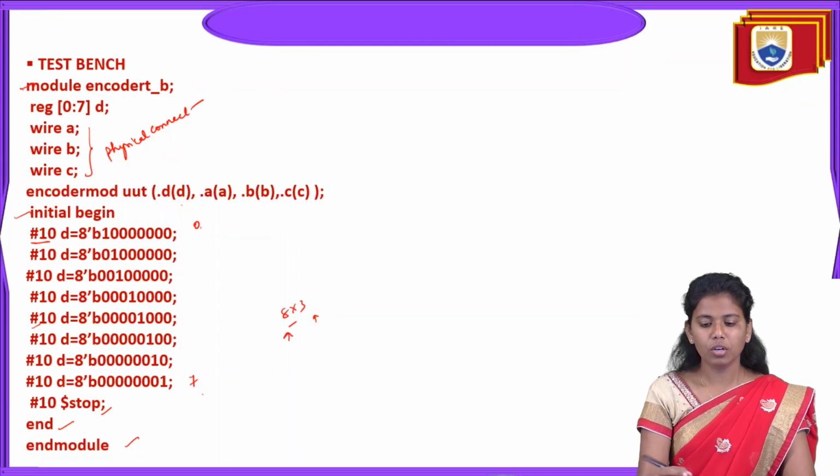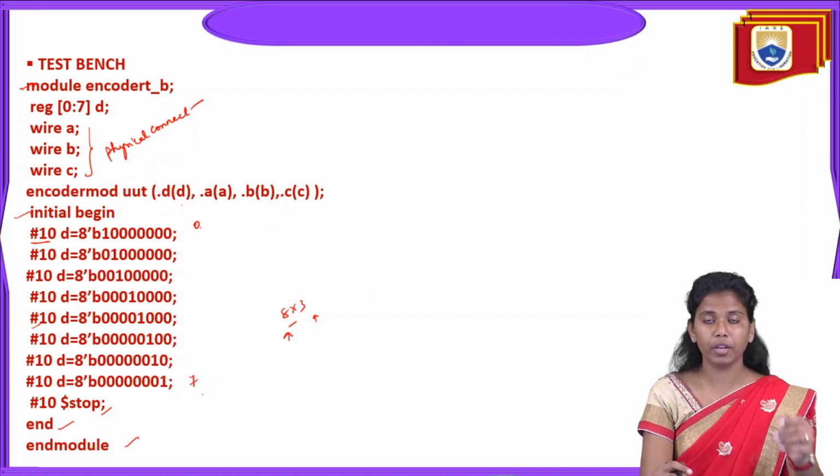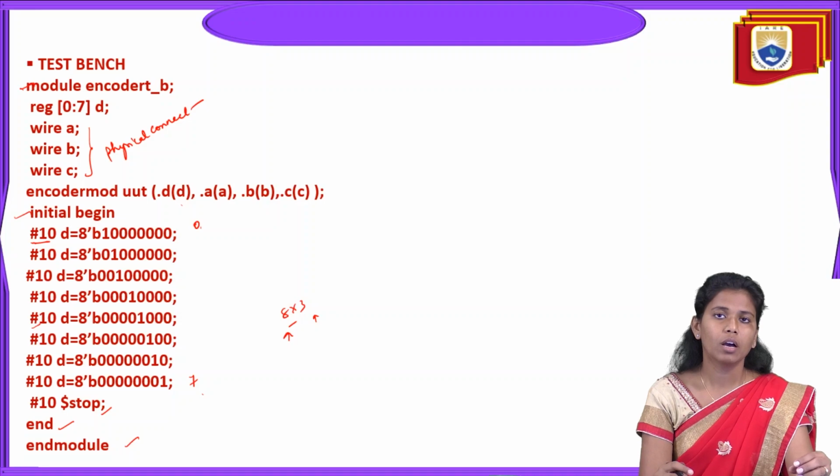So this is a very basic question to be asked in Verilog code. By using Verilog code, we can write for different modules, right? Multiplexers, demultiplexers, encoders, decoders, flip-flops, registers, and so on.